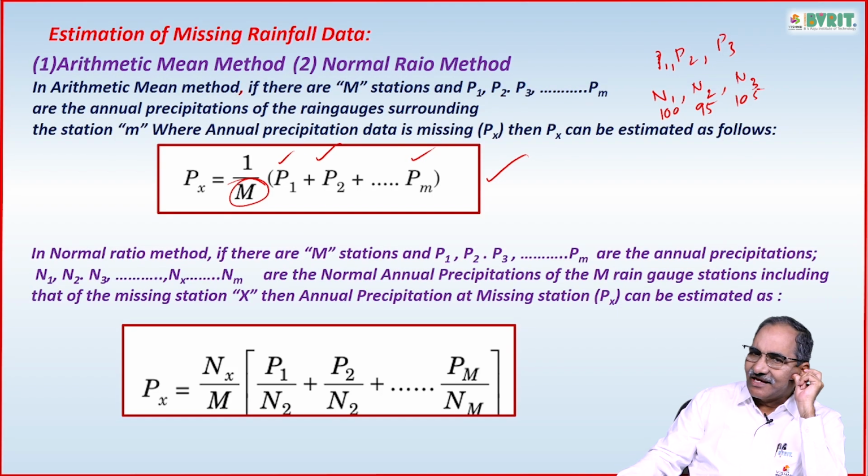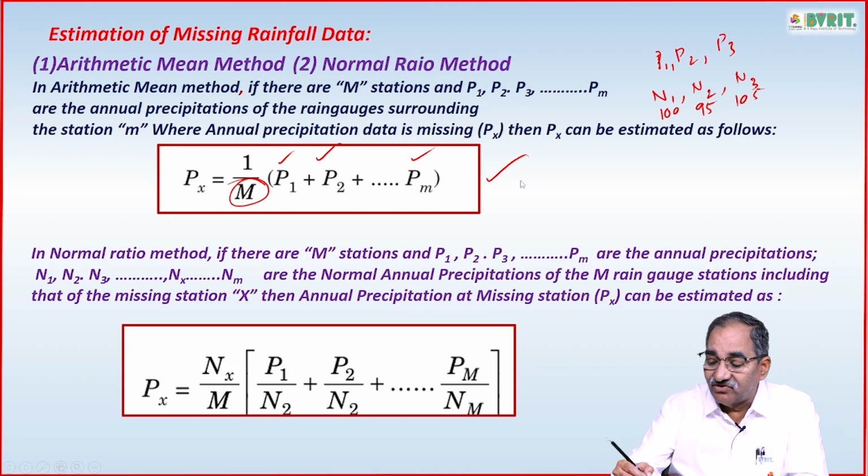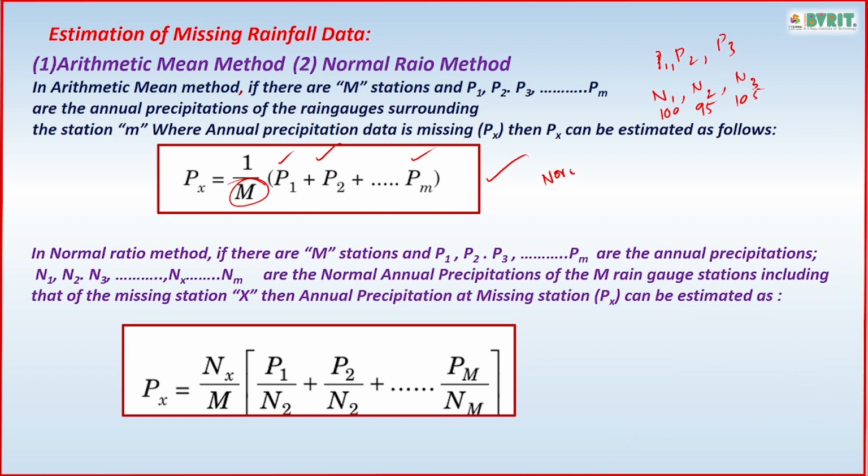So when can this method be used? If the normal annual precipitation does not vary more than 10%.